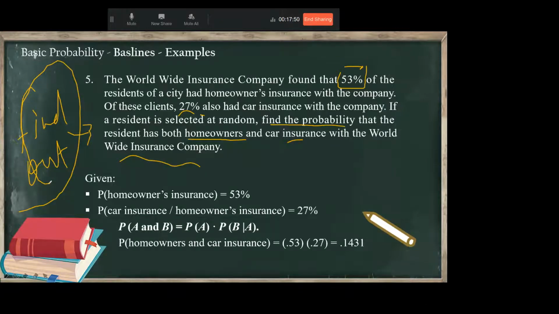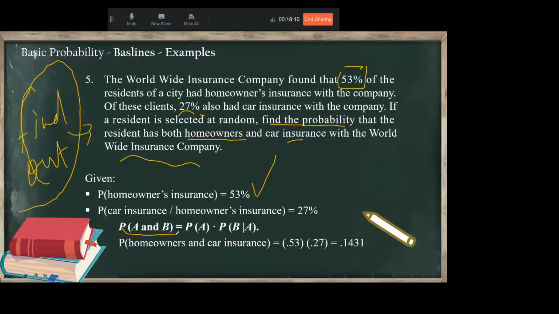Okay, this is given 53%. Now you just simply have to get A and B because it's like a conditional probability, the concept of conditional probability, that one is given and you have to get another one. So both homeowners and car insurance with the company.